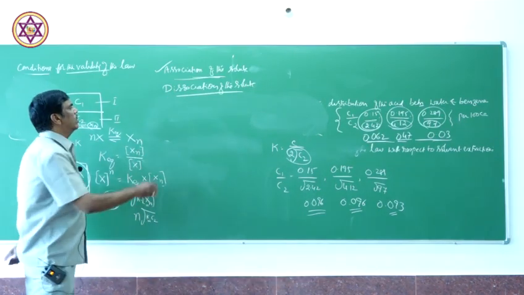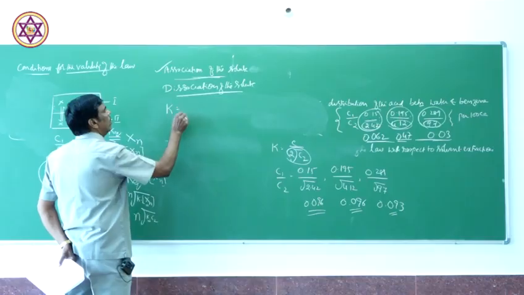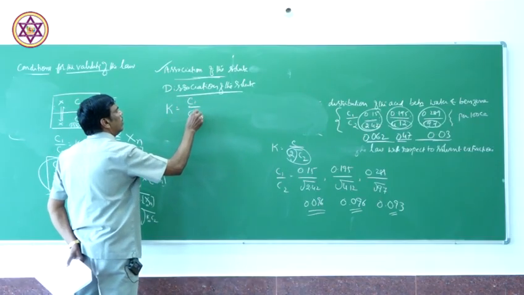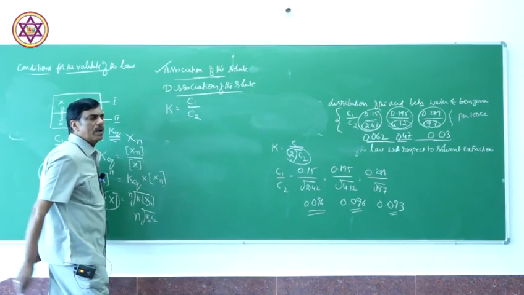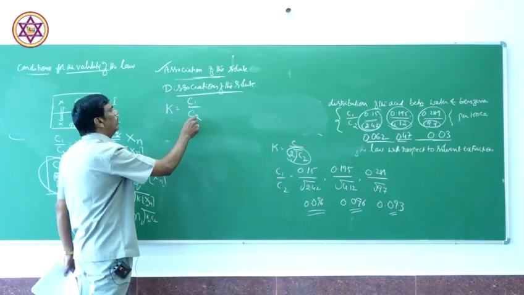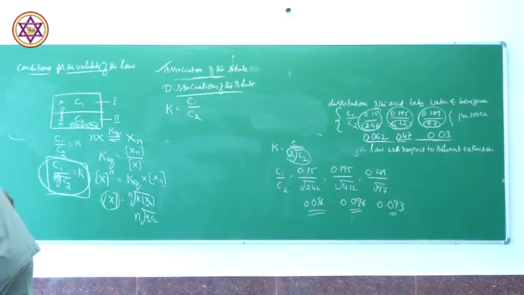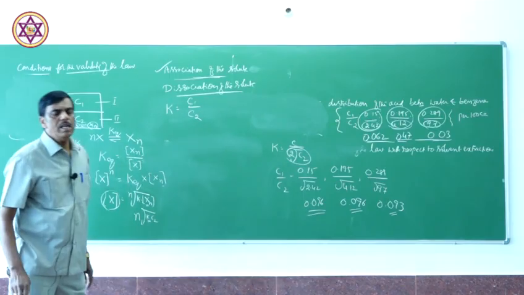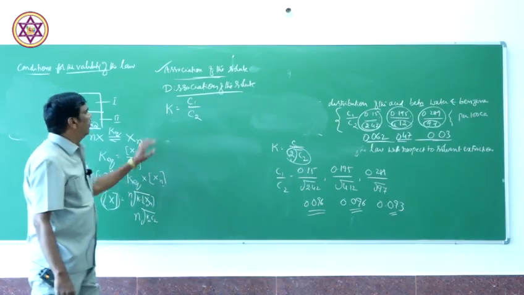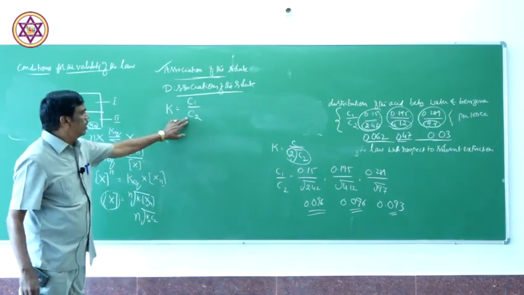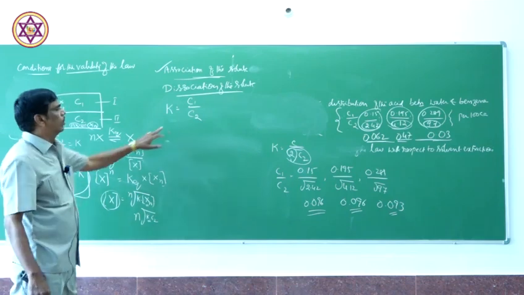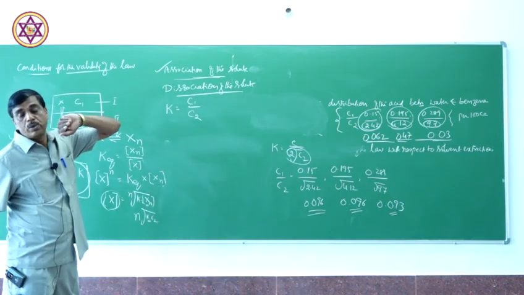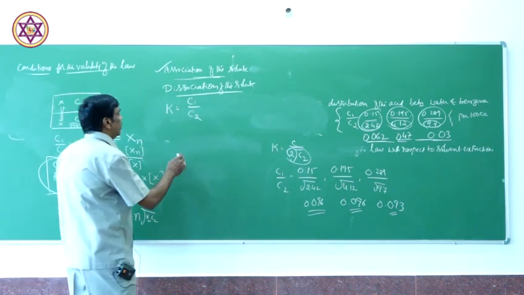Now we know if there is no association or dissociation, we will have the ratio C1 by C2, the concentration of the solute in one liquid and the concentration of the solute in another liquid. This is a constant. This shows that it is in the same state in both the liquids. But when there is association, this C2 becomes the nth root of C2. What happens when there is dissociation?